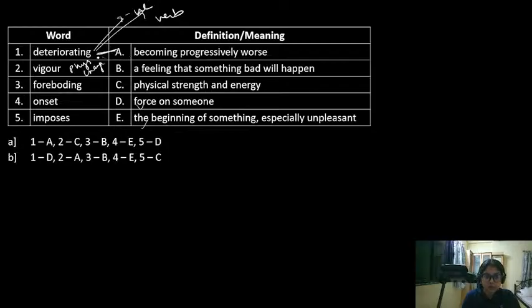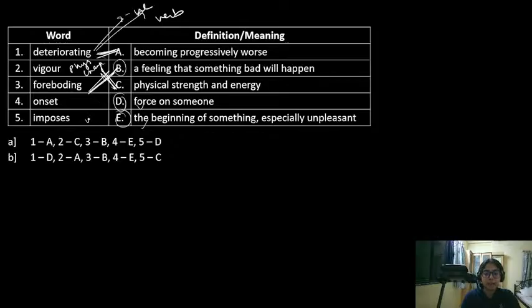So one should match with A. ठीक है, जब हम ओल्ड होते हैं तो हम अपना विगर लूज करते हैं. ठीक है, तो that was related to physical change, so that obviously has to match with C, physical strength and energy. Foreboding was related to the word anxiety, जो घबराहट के बारे में होता है, and similar word is foreboding. So the only word that is similar to the word anxiety is B, a feeling that something bad will happen.